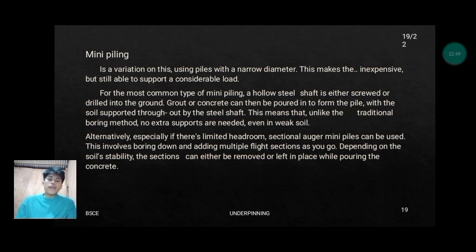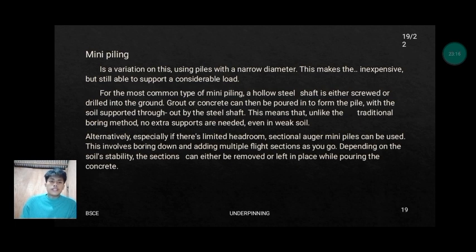So if we have piling, we have mini piling as well. It is a variation on this, using piles with a narrow diameter. This makes it inexpensive but still able to support considerable load. For the most common type of mini piling, a hollow steel shaft is either screwed or drilled into the ground.